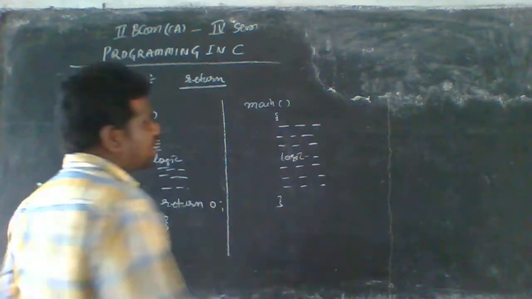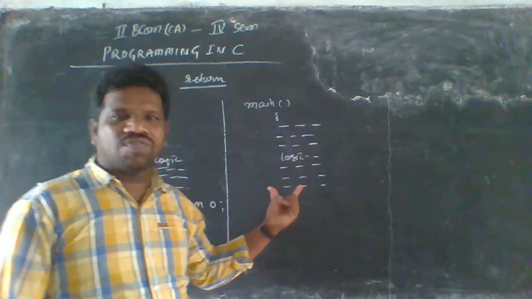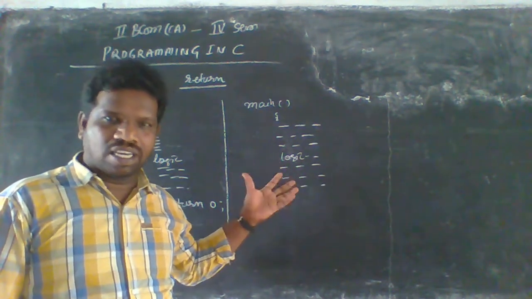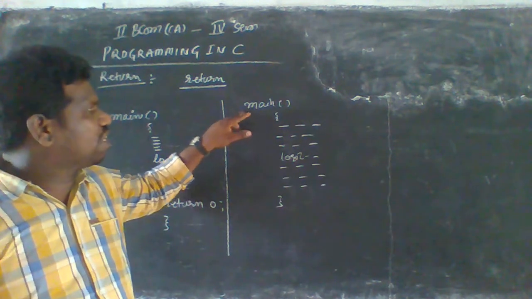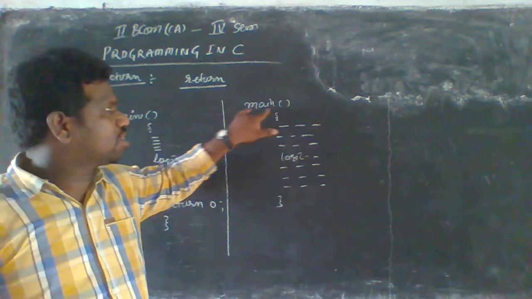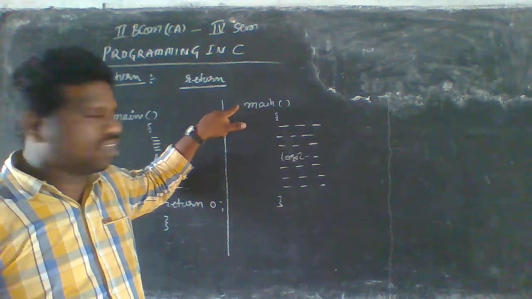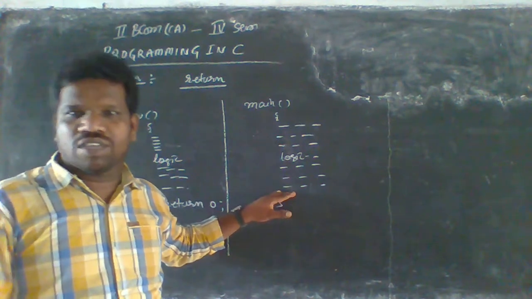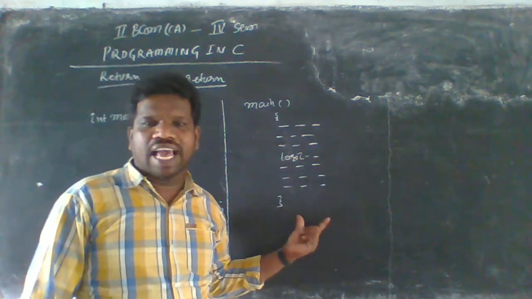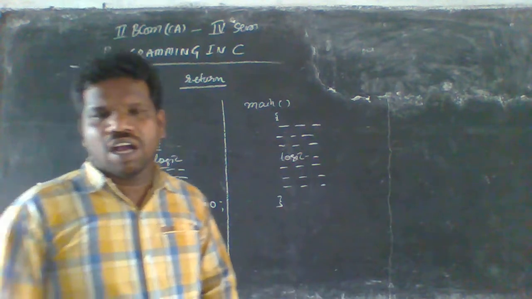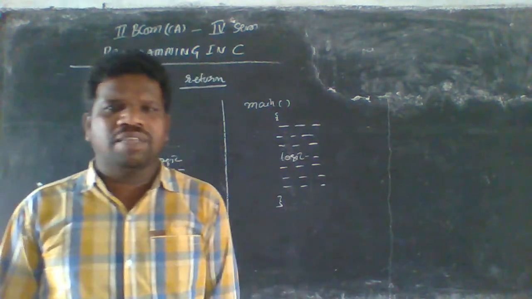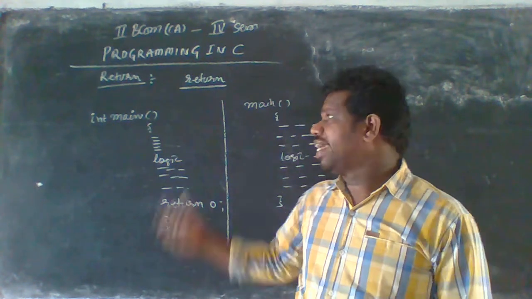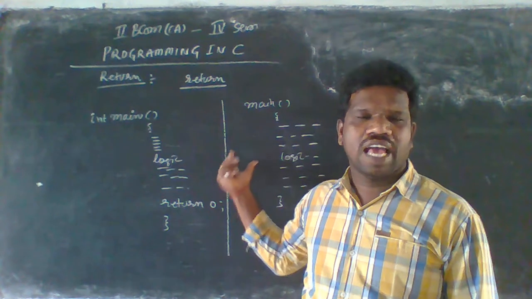In this case, I'm not specifying any return statement here, because by default main's return type is integer, and I'm not specifying return 0 here. This is acceptable in some of the compilers of C, but in different situations it is not acceptable.